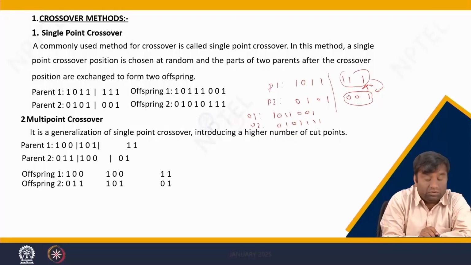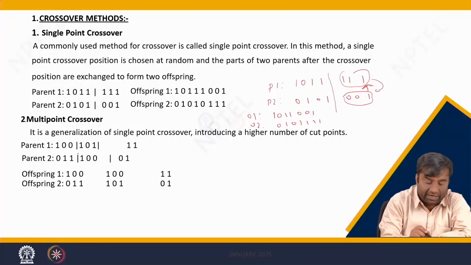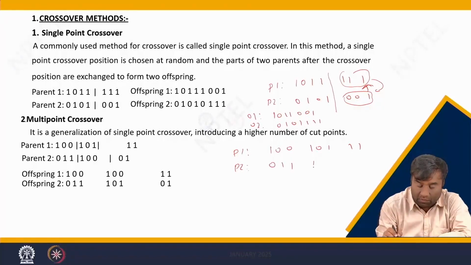Now multi-point crossover. It is a generalization of single point crossover, introducing a higher number of cut points: 2 cut points, 3 cut points, and so on. Here parent 1 is 1 0 0 1 0 1 1 1 and parent 2 is 0 1 1 1 0 0 0 1.